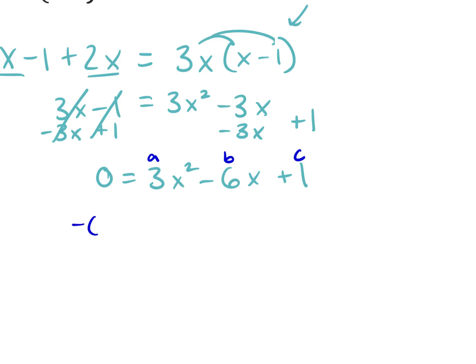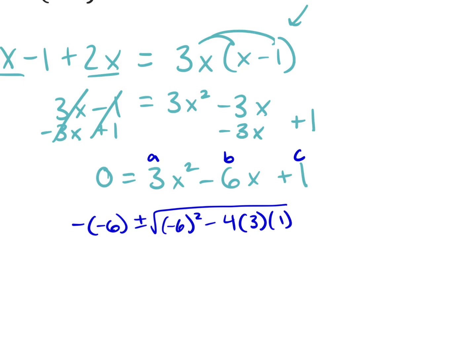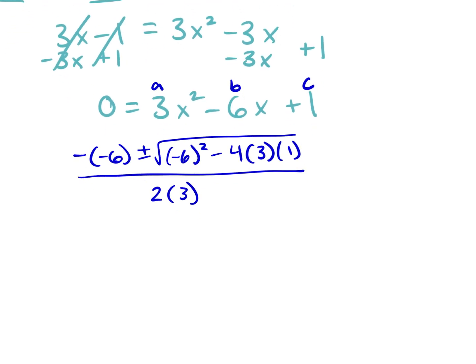So negative B would be -6 plus or minus the square root of B squared, so -6 squared, minus 4 times 3 times 1, over 2 times A, so 2 times 3. -6 would turn to +6, plus or minus the square root of -6 squared would be 36. 4 times 3 times 1 would be 12.